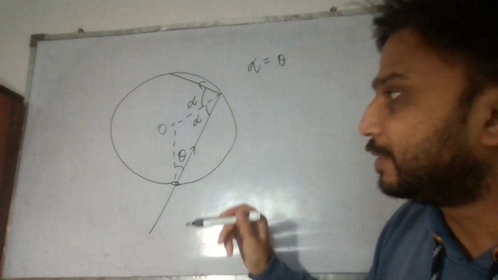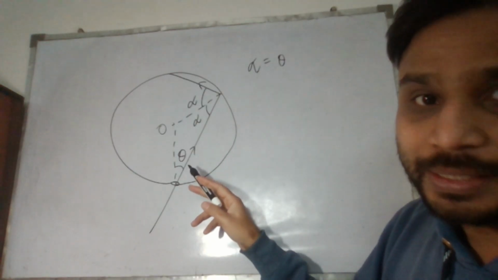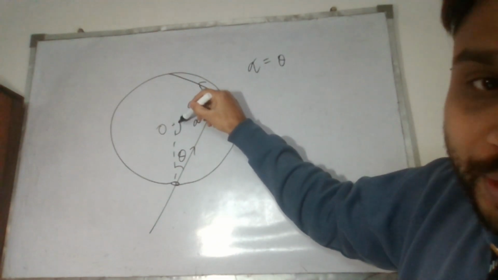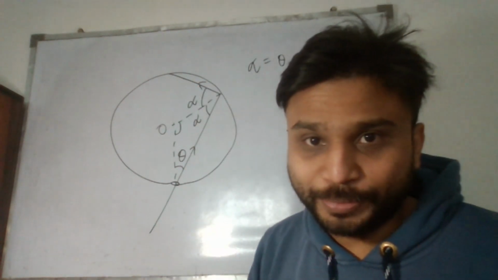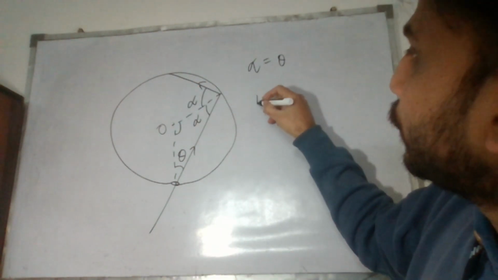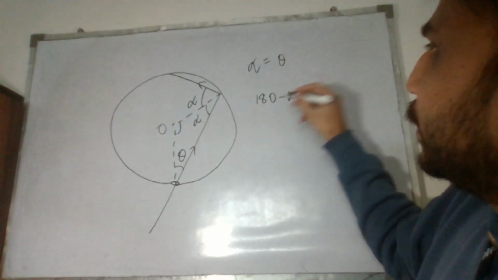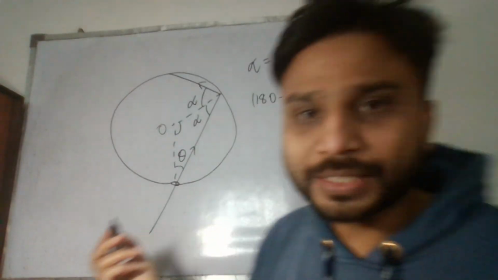So the angle subtended by such a ray at the center of this triangle, what would that angle be? It would be 180 minus 2 theta. As simple as that.